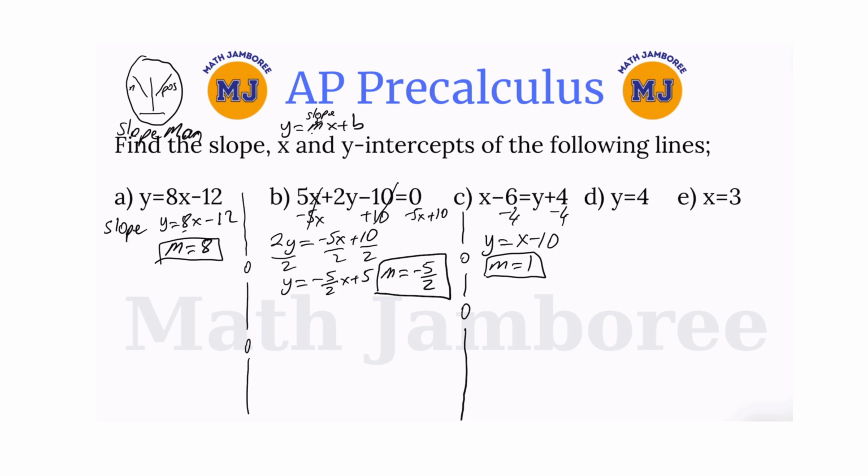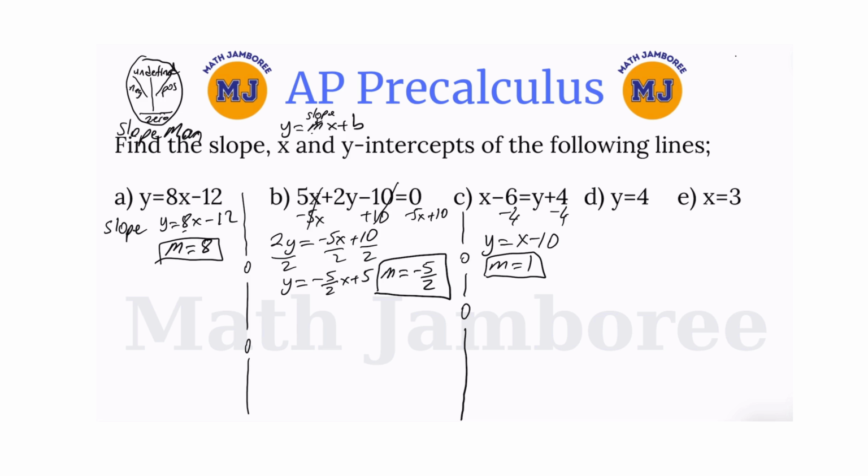If the line goes this way, the slope is negative. If the line goes exactly horizontal, the slope is 0. If the line is exactly vertical, then it's undefined.